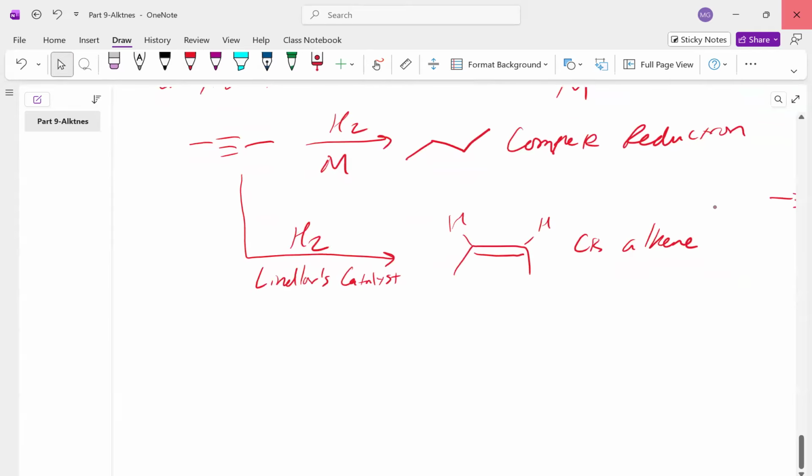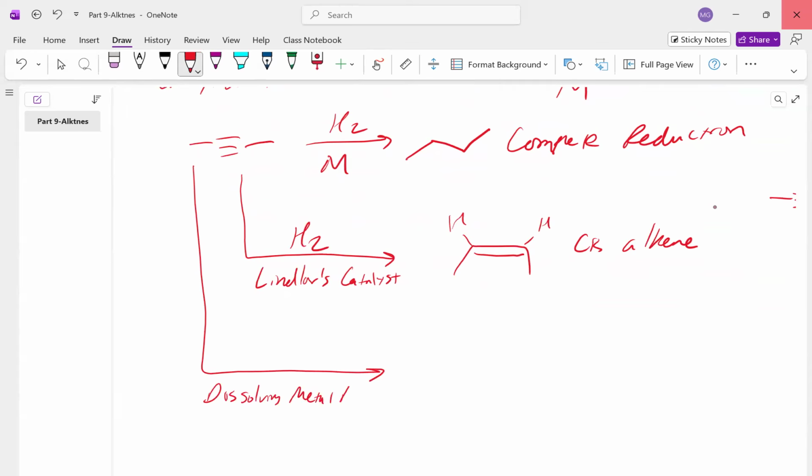Now, if there's a way to make a cis alkene, there's got to be a way to do a trans alkene. And this is known as what's called a dissolving metal reaction. And this will reduce an alkyne to a trans alkene.